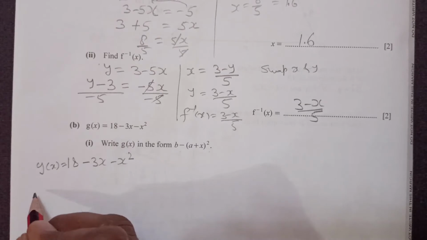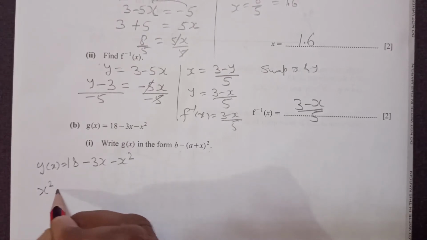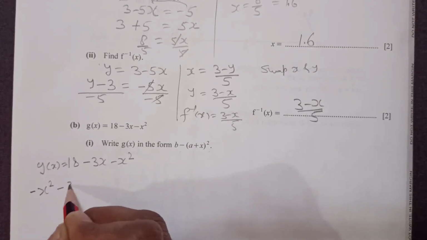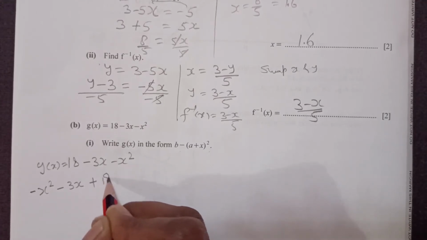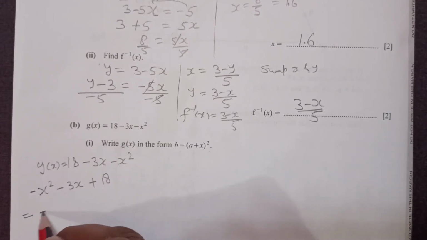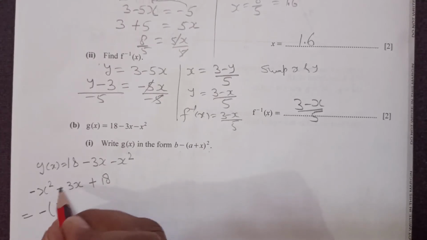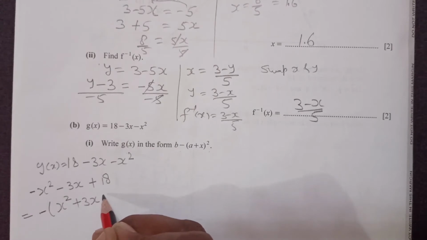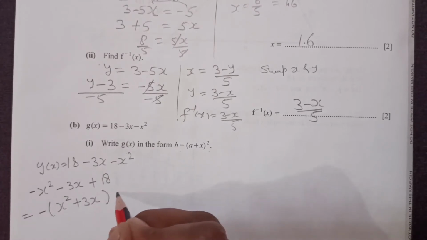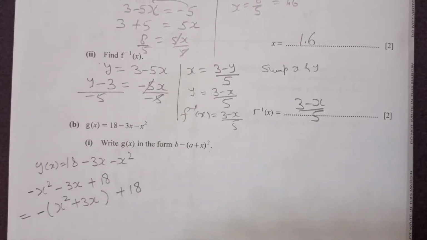We can write it down as negative x squared minus 3x plus 18. If I take out the negative sign from here, it will make our work easy. 3x and 18 we can write down separately.